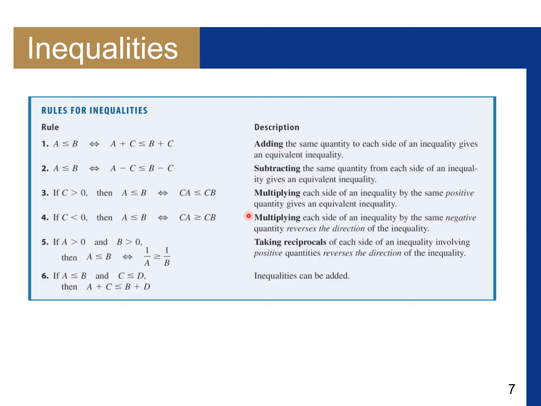Okay, here are some properties for inequalities. Like equations, you can add to both sides and subtract from both sides. If you multiply both sides of an inequality by a negative number, then you're going to flip the sign. Notice if you're multiplying by a positive number, it stays the same. But here, if you multiply by a negative number, you flip the sign.